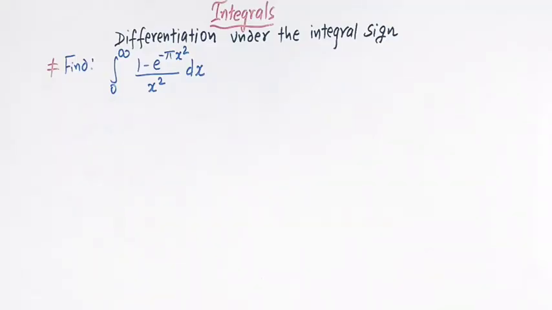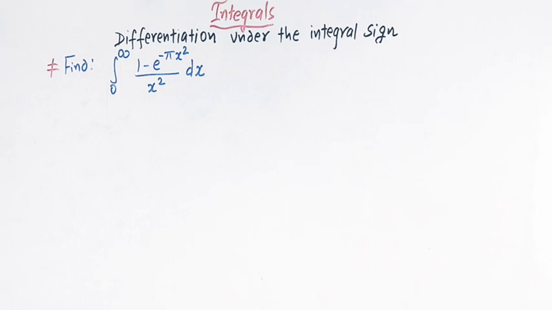Hello viewers, in today's class we are going to discuss yet another important and conceptual problem from definite integrals, in which we'll use the method of differentiation under the integral sign. This method is also known as the Leibniz Integral Rule.